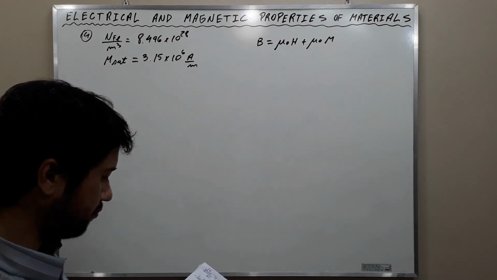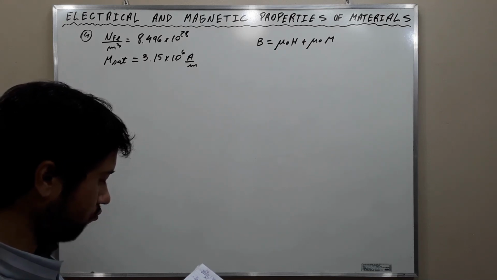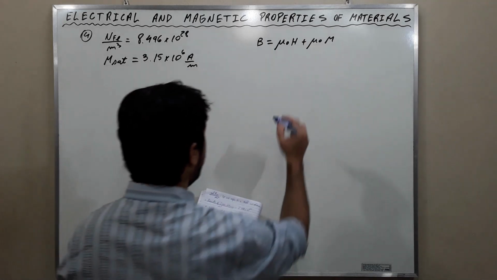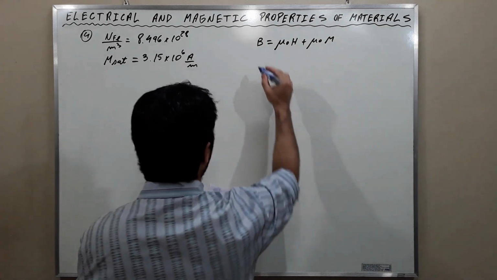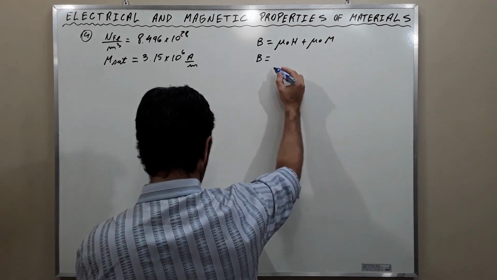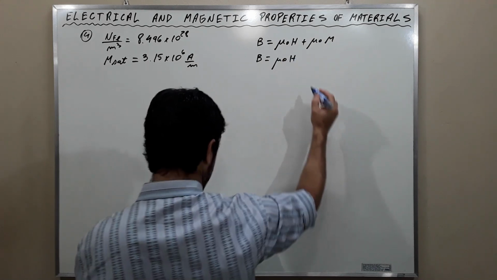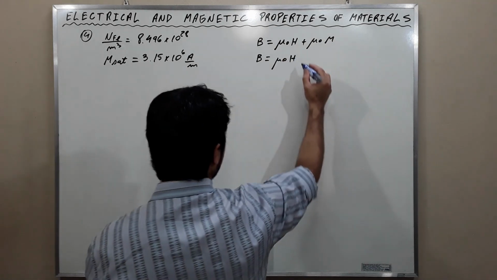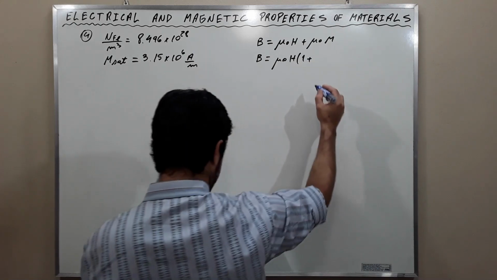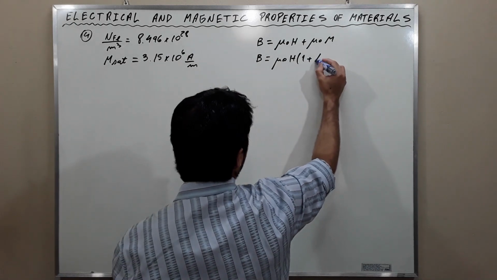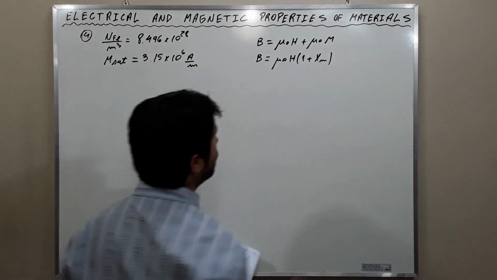And we can rewrite this in this way. B is equal to μ0 H times 1 plus χm, okay?